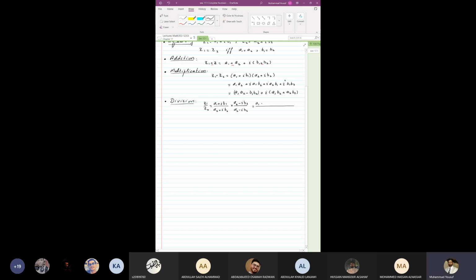We get A1A2, and then negative i squared B1B2, so plus B1B2, real part, and the imaginary part is A2B1 minus A1B2, over A squared plus B squared. Only A squared plus B squared, the other part will cancel out.